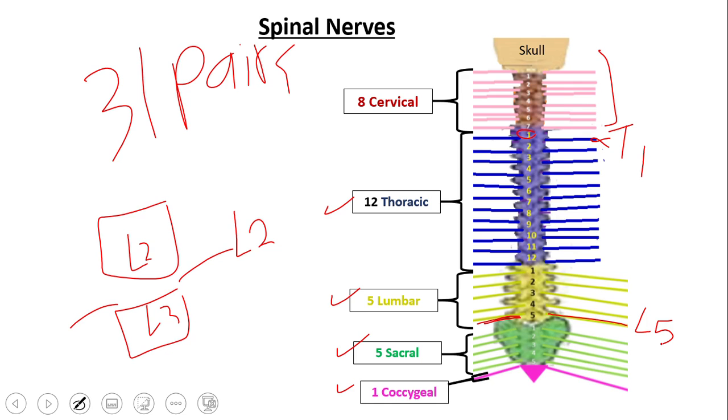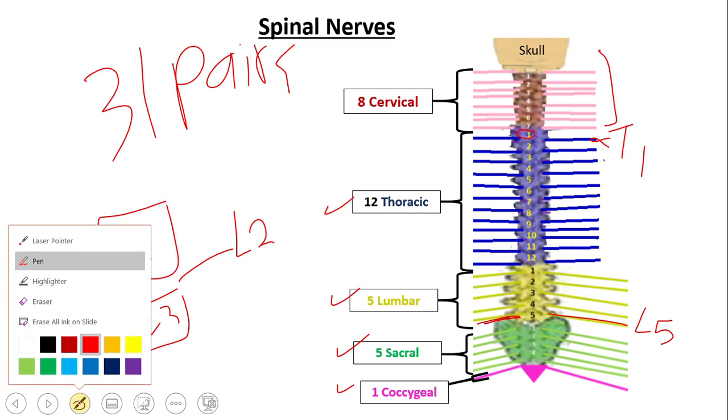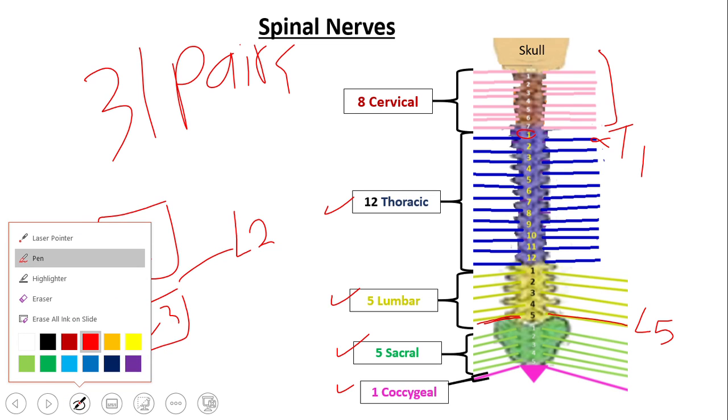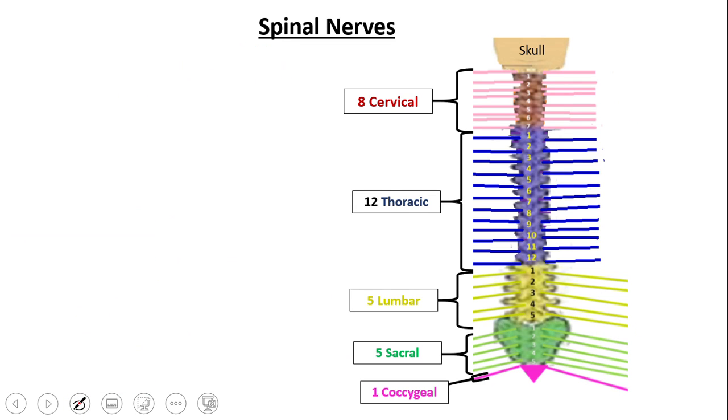In the cervical region, the rule is different because we have 8 cervical nerves, but 7 cervical vertebrae. Now, the nerve in between the skull and C1 is C1 nerve, cervical 1 spinal nerve.